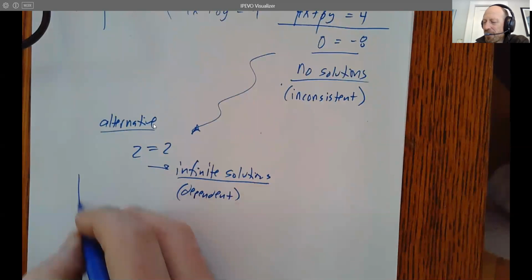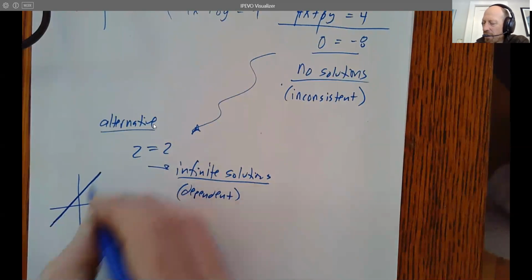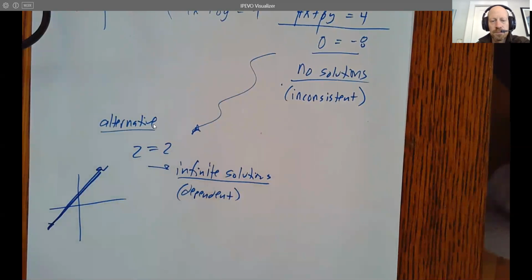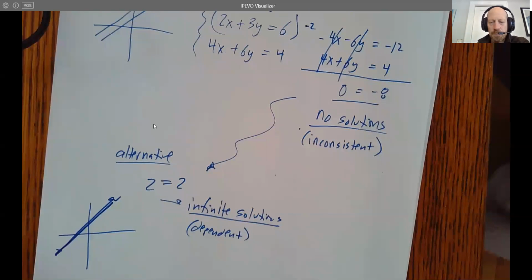And graphically, what that looks like is that the two lines are actually right on top of each other. So it's not true that anything works, because these points over here wouldn't make it true, but any point on any one of the lines will solve both of the lines, because they're really the same line.